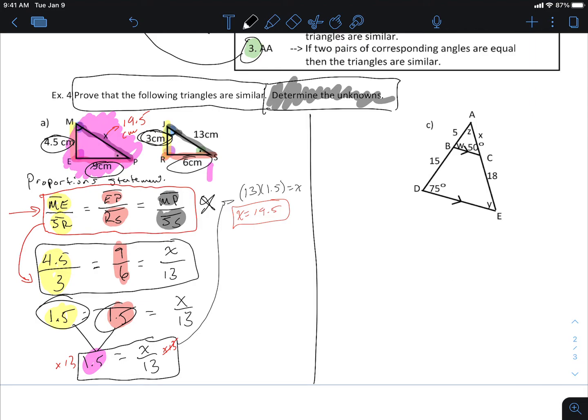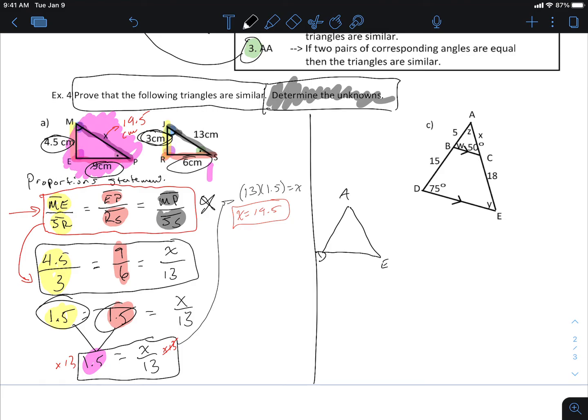I'll draw the big triangle first, right? ADE. That's what I'm going to draw first. Let's draw ADE down here. Then you can write the information in there that you know is there.